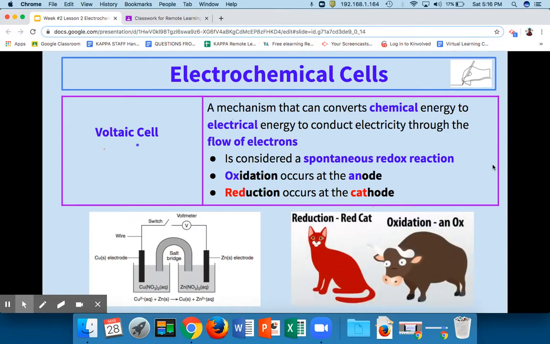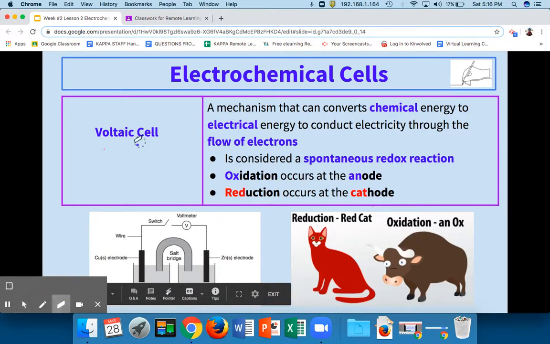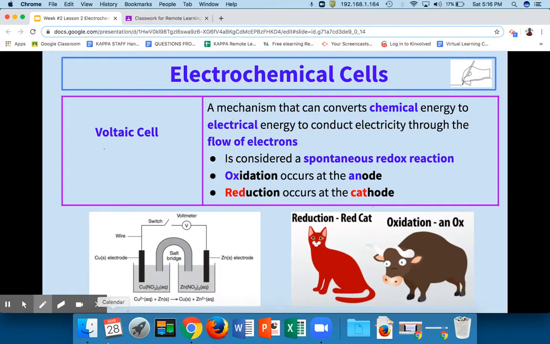Now, one way to remember where oxidation and reduction happen is this fun mnemonic. So our mnemonic is red cat and an ox. So what does red cat and an ox mean? Well, reduction happens at the cathode and oxidation happens at the anode.